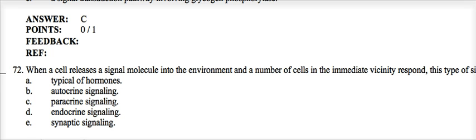Alright, so this is a definition question, and just to remind you, we talked about three different categories of signaling: either the two cells are touching, or they're pretty near each other, or long distance. So we have direct contact, local signaling, and long distance.